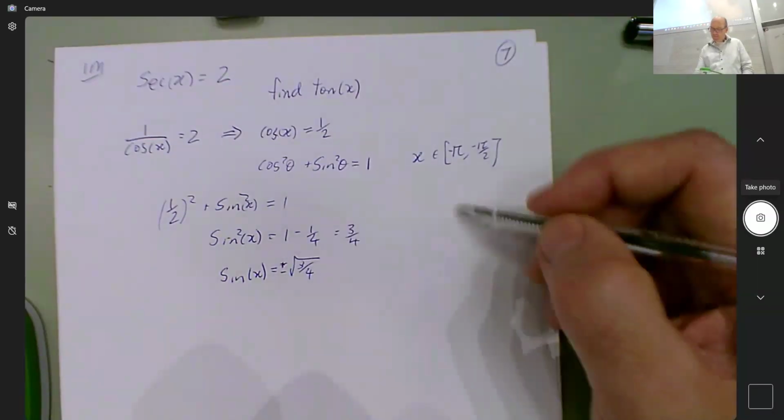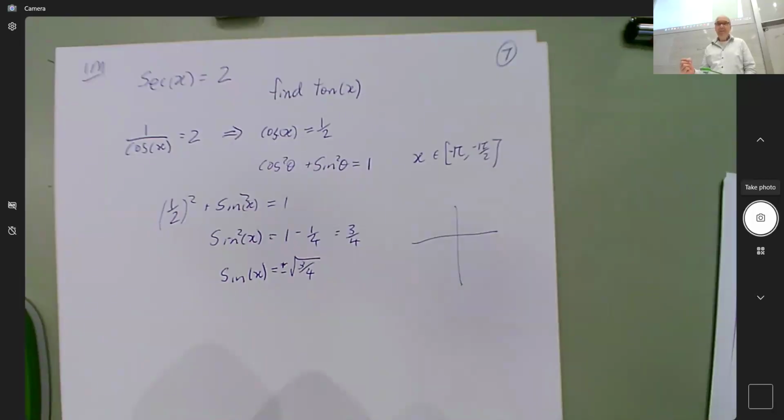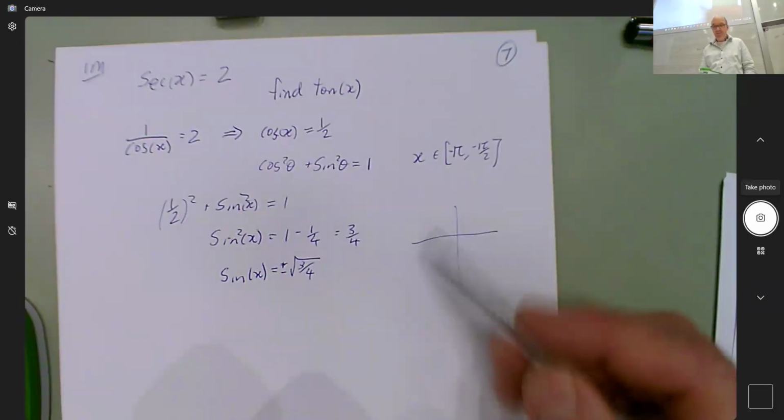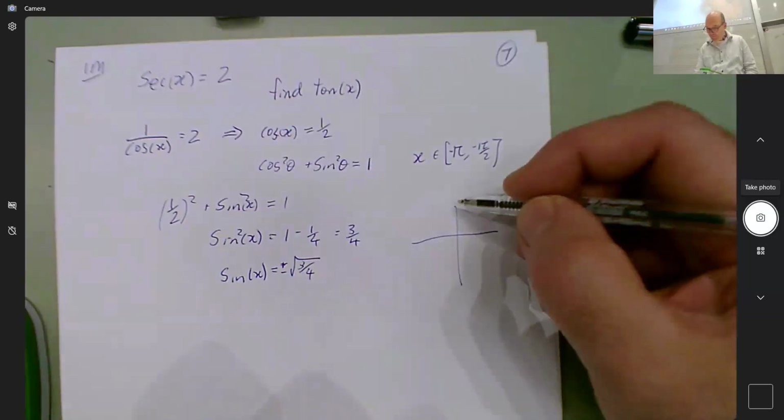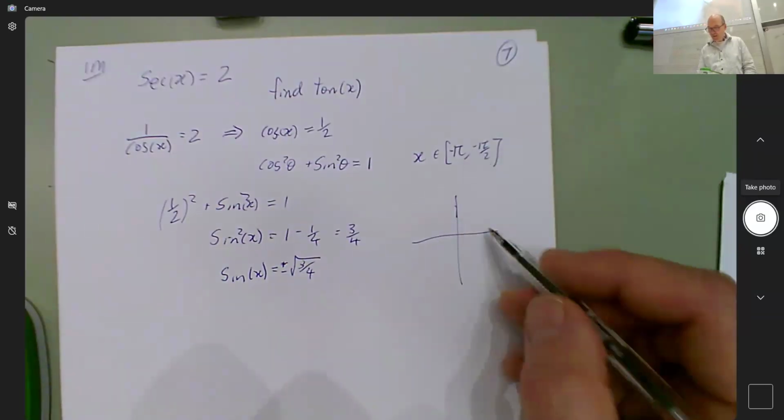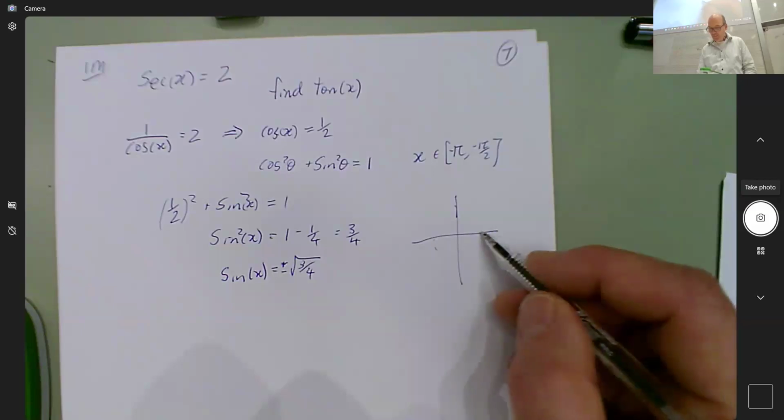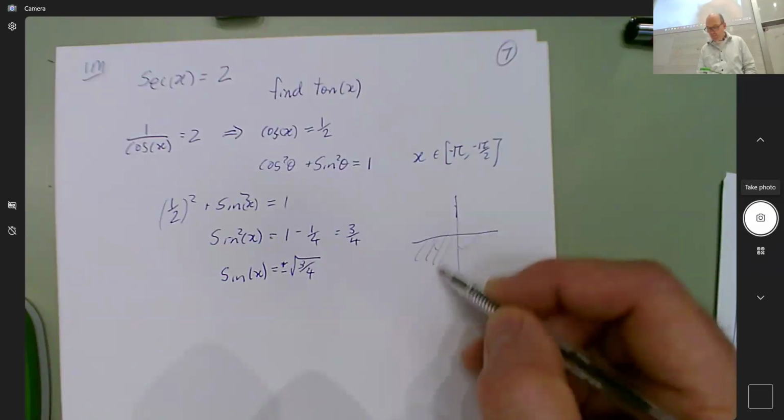Now, this bit here. All right. Whenever I'm doing trig things, you see me do this, a little bit of a diagram. And we go minus pi, so I'm going minus pi on 2. So I'm in the 4th quadrant.